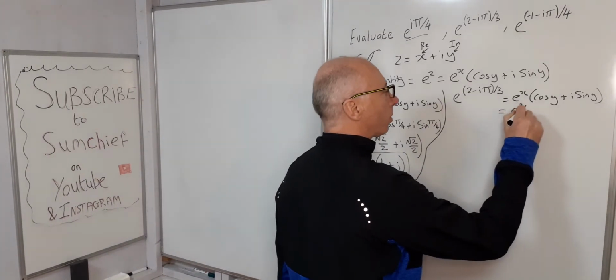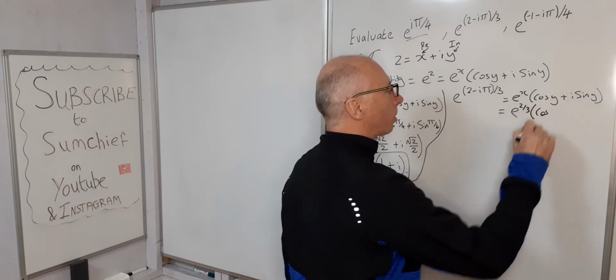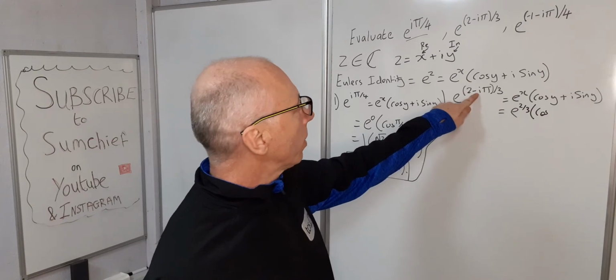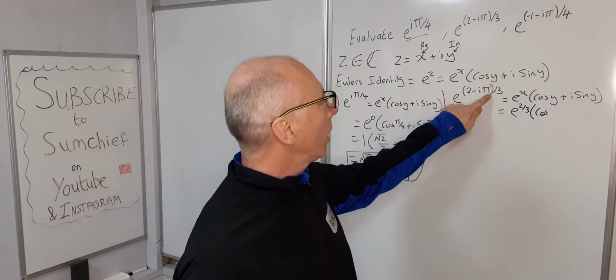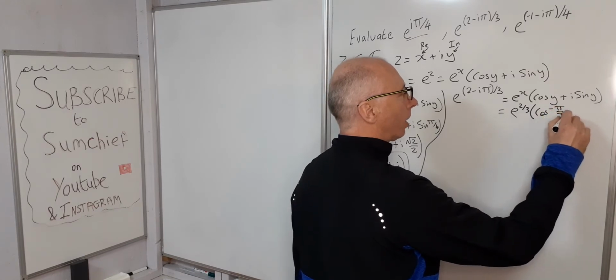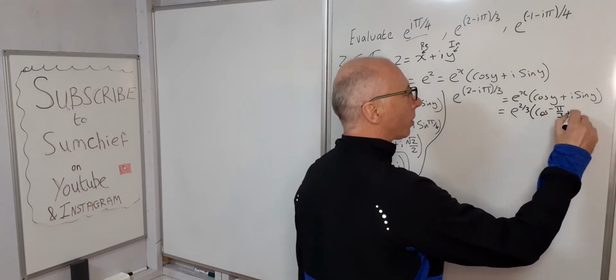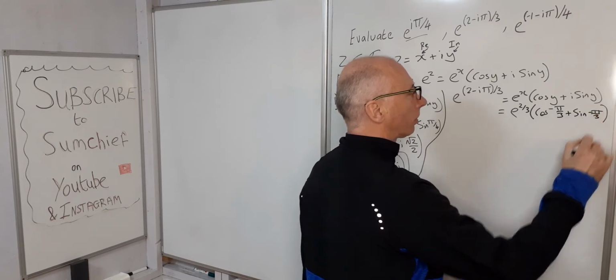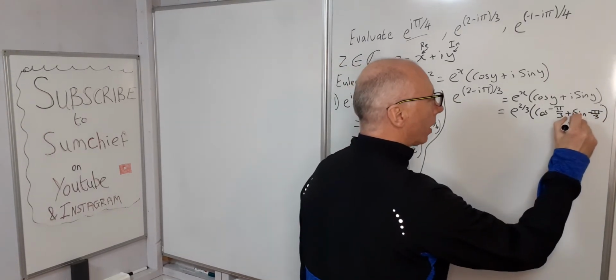So that's e to the 2/3. Cosine, imaginary part, minus, don't forget this minus sign here, easy to miss that, minus i pi over 3. So that's minus pi over 3. And then the same angle for the sine, minus pi over 3. Don't forget the i in there either.